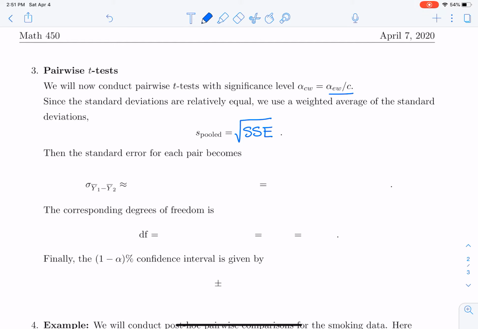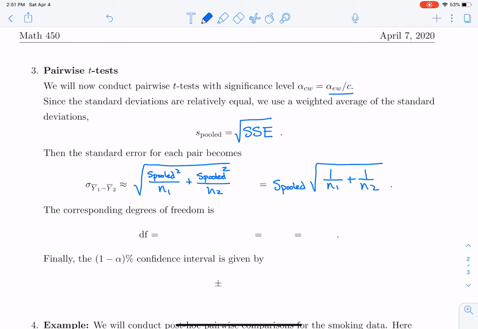Okay, so that makes the standard error for each pair the square root of our pooled standard error squared over n1 plus our pooled standard error squared over n2, or it's very similar to the formula we had before, which is the pooled standard error times the square root of 1 over n1 plus 1 over n2.